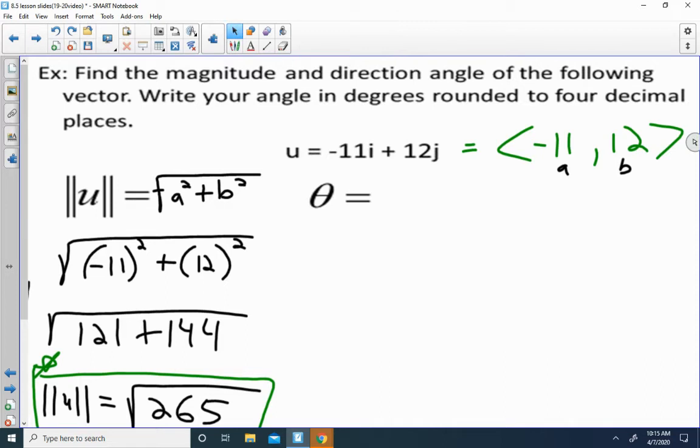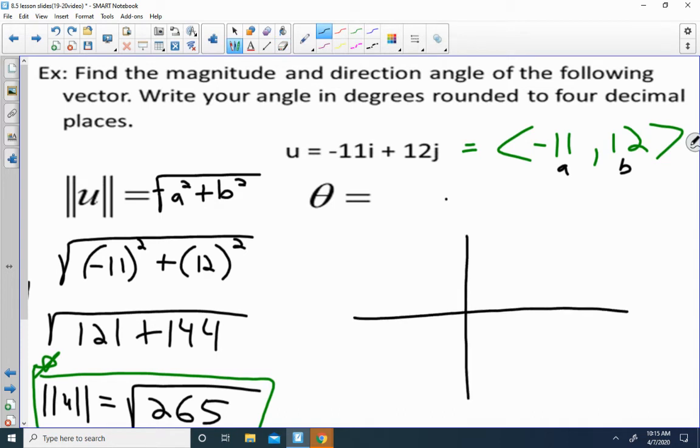So now we got the magnitude. Now let's move on to the angle. So to help us with the angle, let's go ahead and draw our triangle. All right, so first, we gotta do negative 11i. We know that the i is 1 unit to the right, but our 11 is negative.